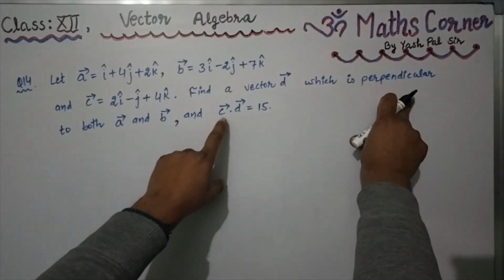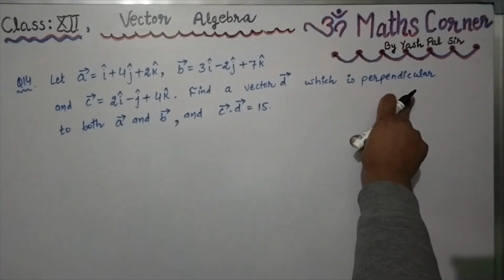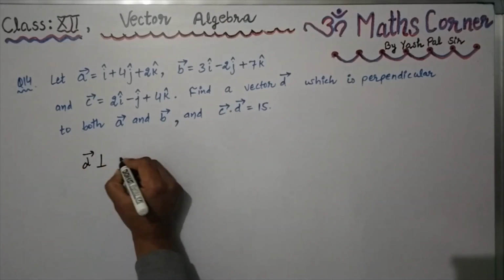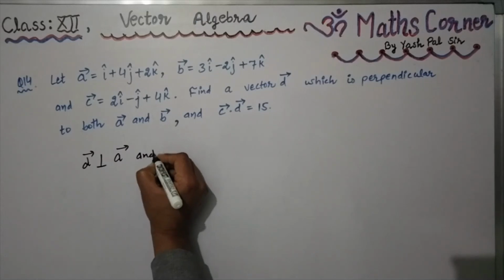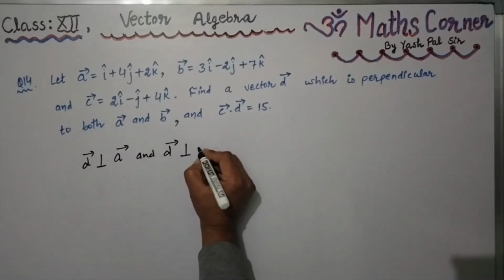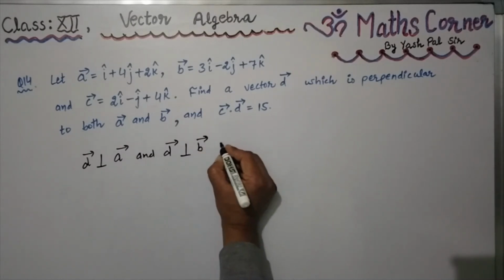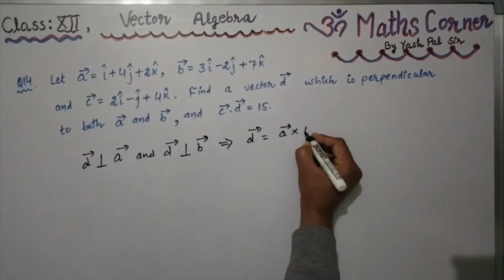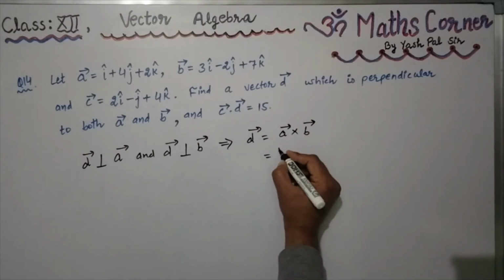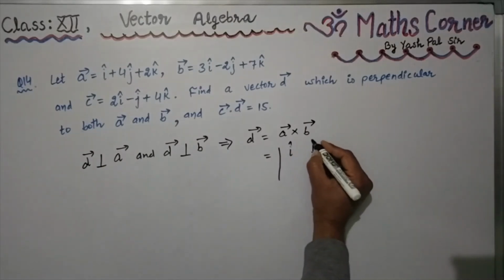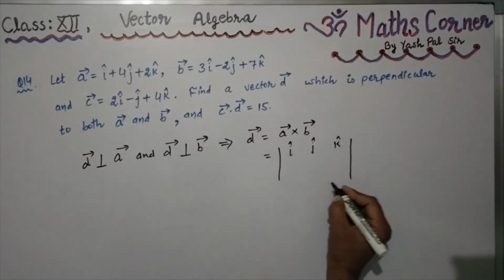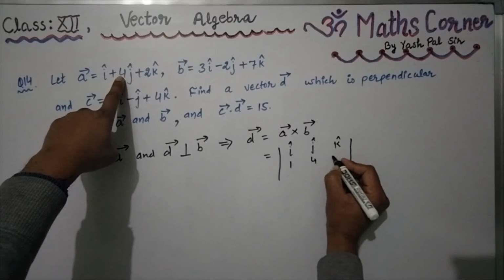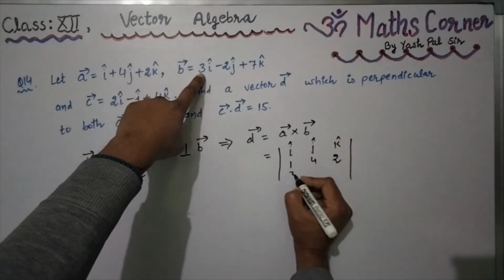Question number 14. Let vector A, vector B, vector C be given. Find a vector D which is perpendicular to both A and B, and C dot D is equal to 15. So first of all, vector D is perpendicular to vector A and vector D is perpendicular to vector B, implies vector D is equal to vector A cross vector B. So this is equal to i j k.